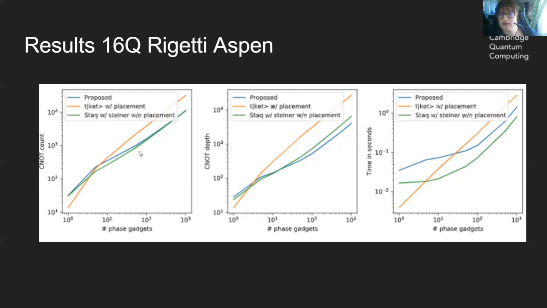So the blue line, that's our algorithm. The green line is Stack, and the orange line is Tket. So you can clearly see that our algorithm generates a similar amount of C-nodes to Stack here, maybe a little bit more, but you can see in the C-node depth that it is actually performing a lot better. And notice that this is an exponential scale.